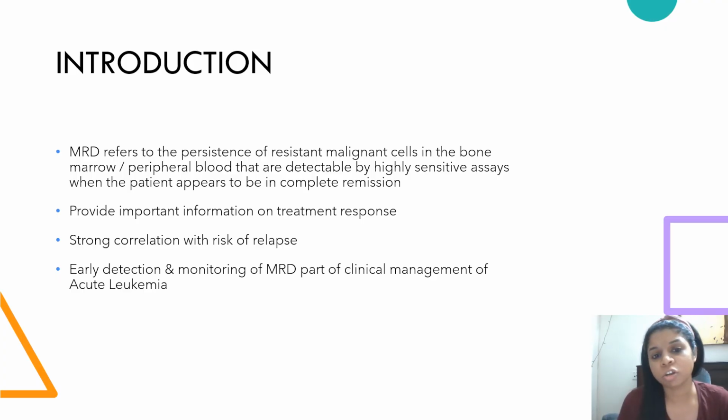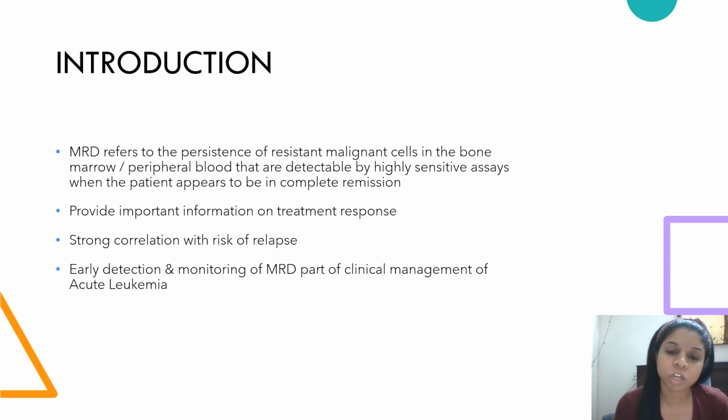So it is not only during complete remission that you check for MRD. Ideally, you check for the leukemic cells first, and it is the same markers in leukemic cells that you detect that we use for MRD. Usually, if you are diagnosing acute leukemia, you will do flow cytometry for the patient.